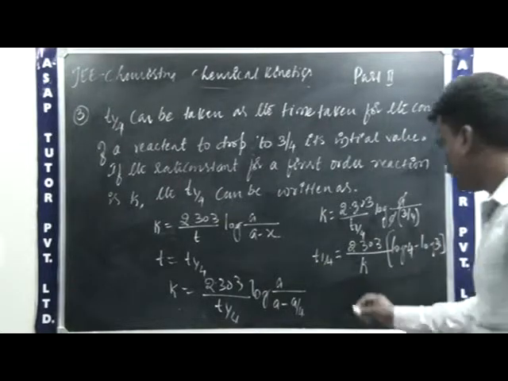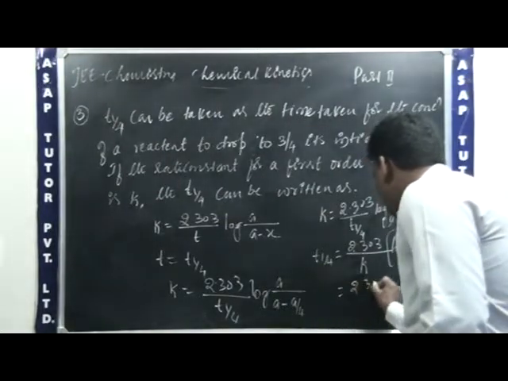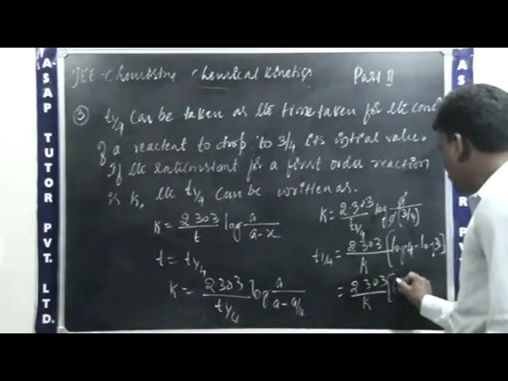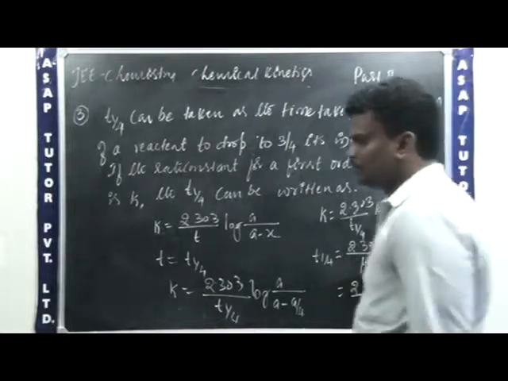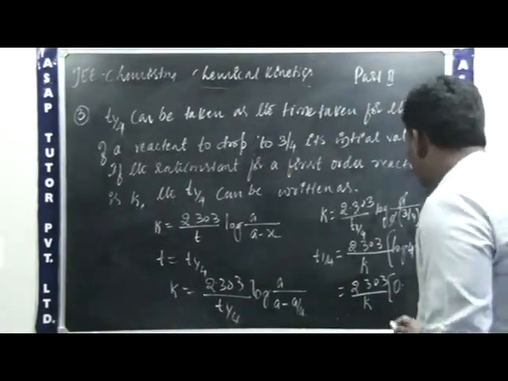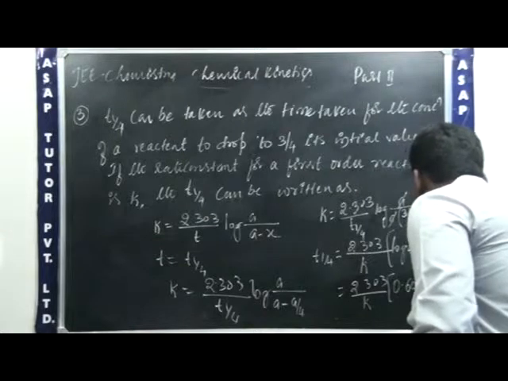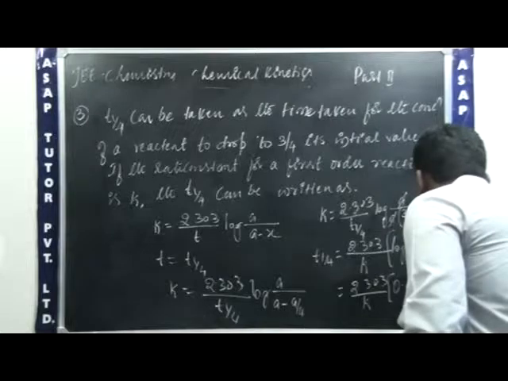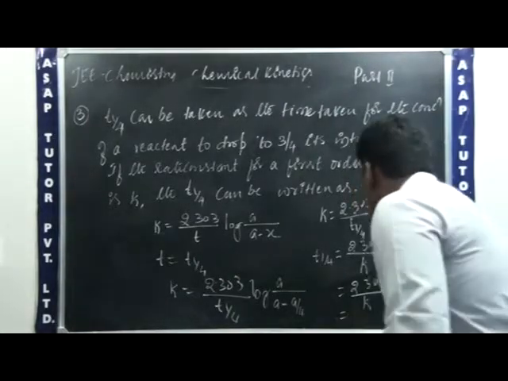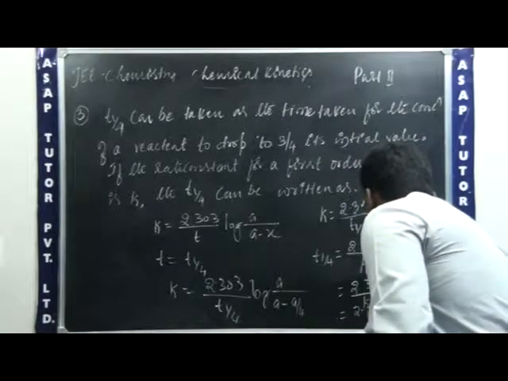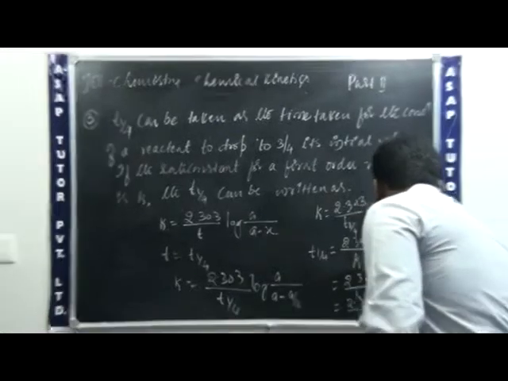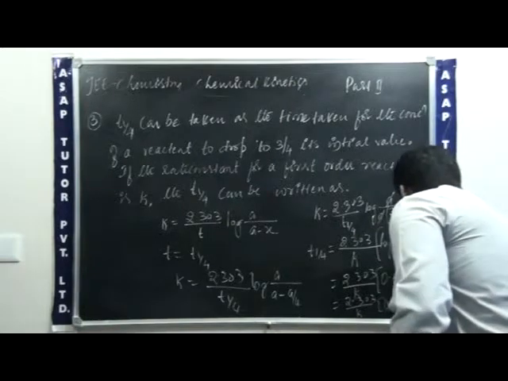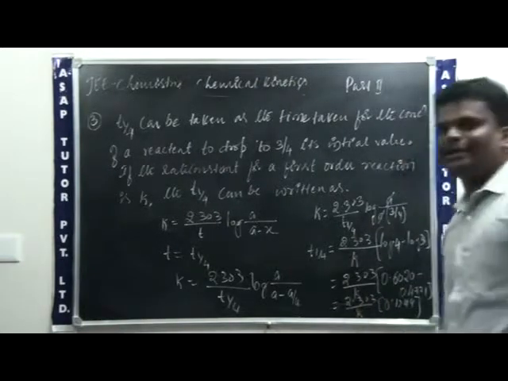See, log 4 value is 0.6020 minus log 3 value is 0.4771. If we subtract the values, we will get 0.1249.